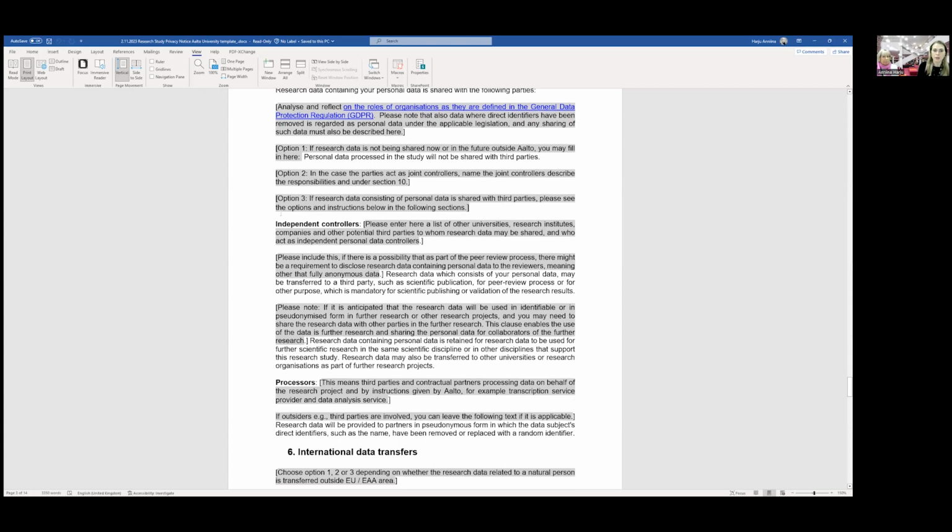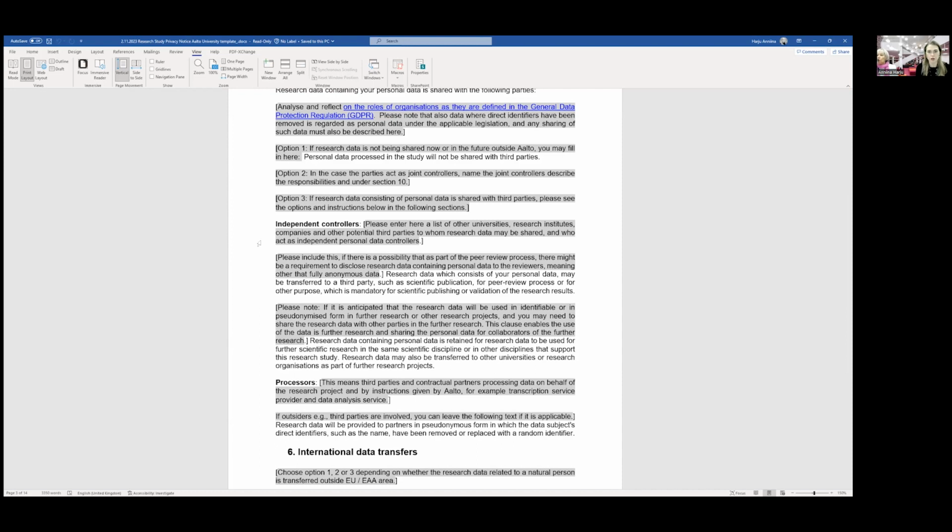Okay, then the first option is independent controllers. So under GDPR, you must figure out a role for each party. So basically our options are controller, joint controller, independent controller, and processor. This can be very confusing.